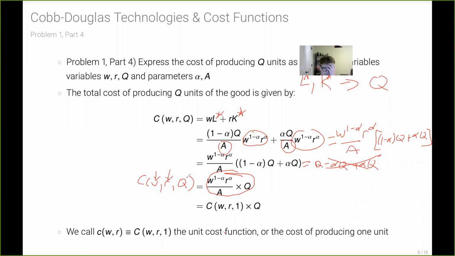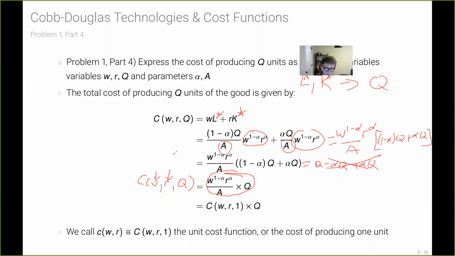Okay, so another thing that's useful is to define the unit cost function. The unit cost function is just the cost of producing 1 unit. It's really helpful oftentimes to work with the cost of producing 1 unit.